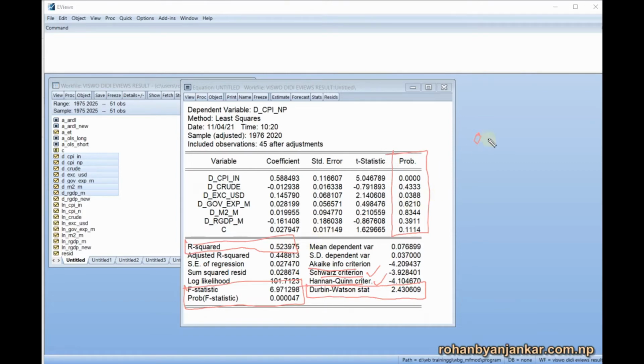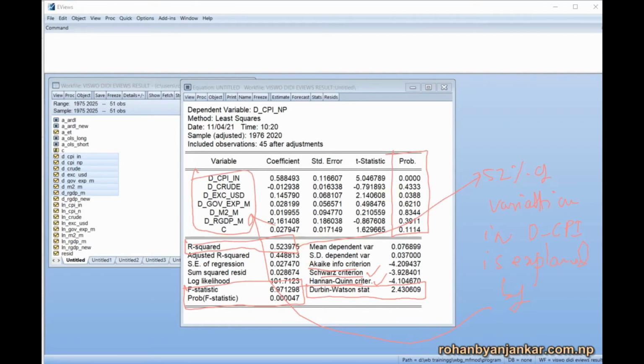It's a bit okay. 0.52 means that 52% of the variation in DCPI is explained by these variables, and the rest is error, that is, the rest of the impact is not covered by these variables.